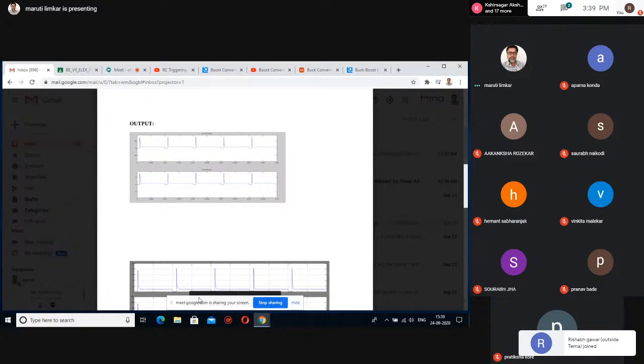Third experiment is effect of source inductance on single phase bridge rectifier. Fourth experiment is buck converter. And fifth experiment is boost converter.